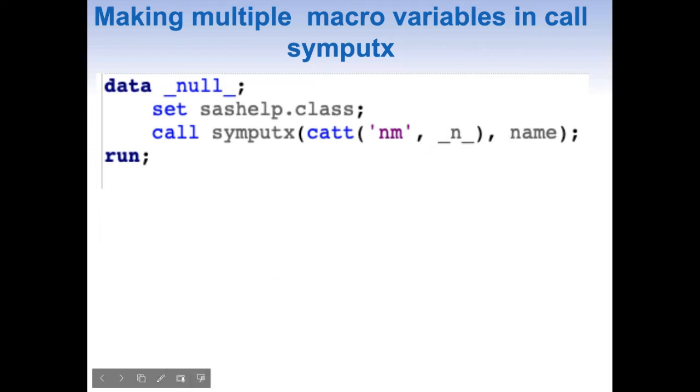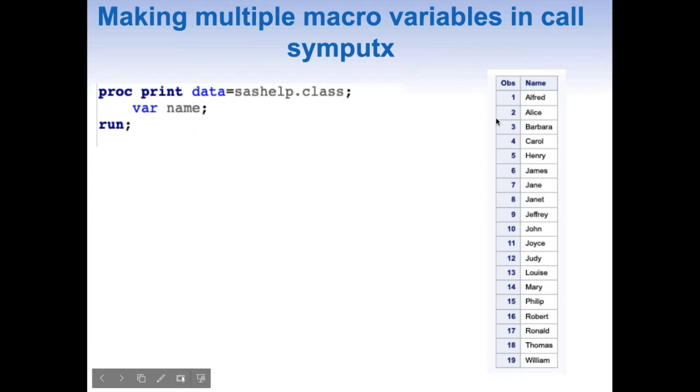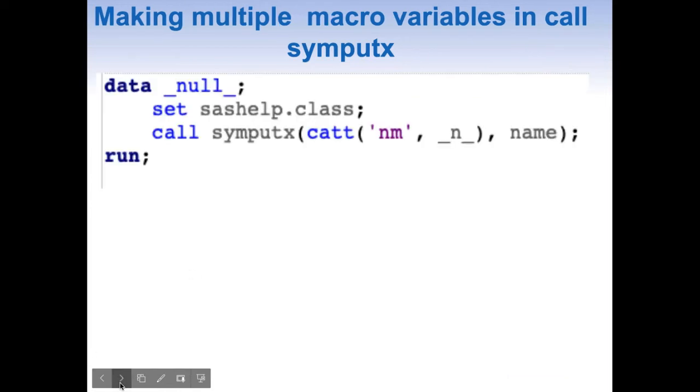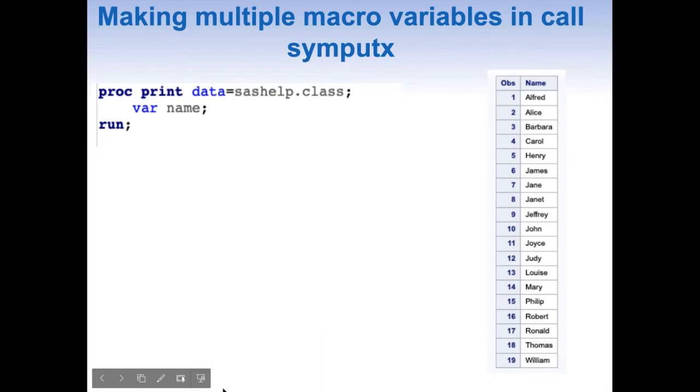When it goes into the second iteration, that is when it reaches the second observation, this becomes nm2 and the name will be Alice. In the same fashion, _n_ will become 3 and we will be reading Barbara.